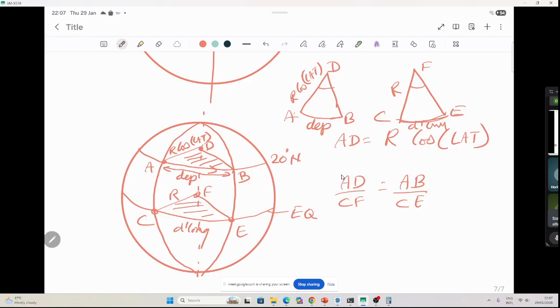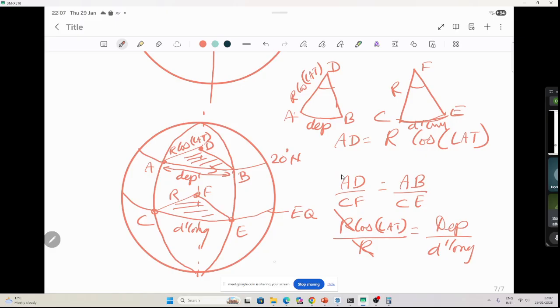Right? AD කිව්වේ R cos latitude. CF කිව්වේ R and AB is departure. CE is D long. So you can see R and R, they will cancel each other.